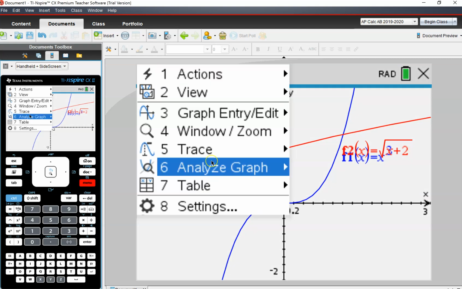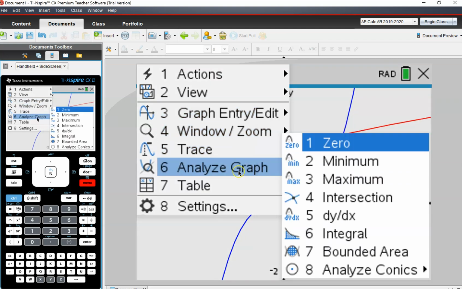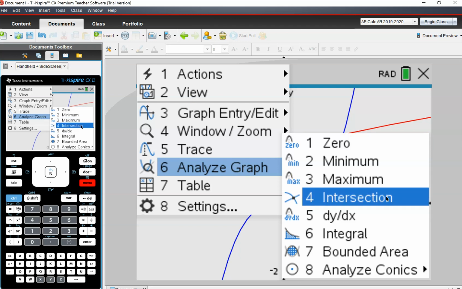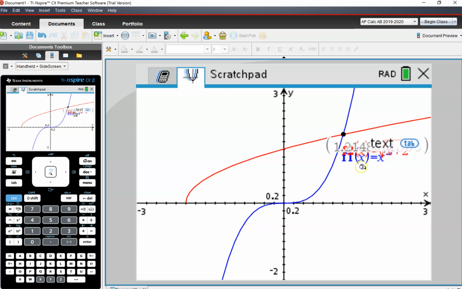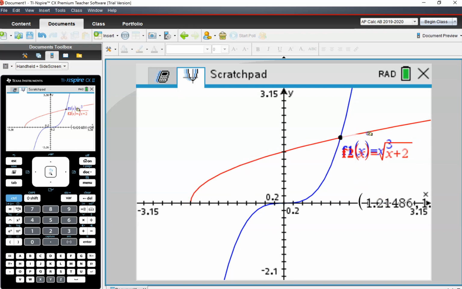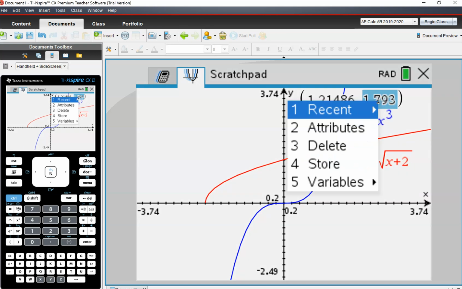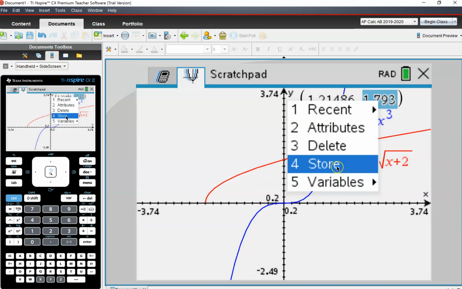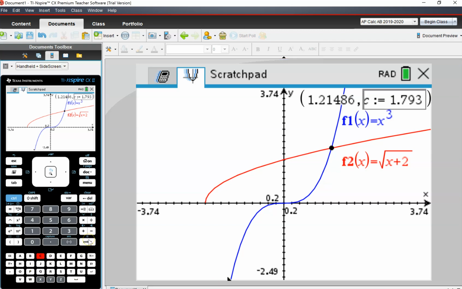Alright, so let's find the point of intersection here. Menu, analyze graph, intersection. Now I'm going to integrate with respect to y, correct? So I go to the y value, right click, store. Let's do C this time.